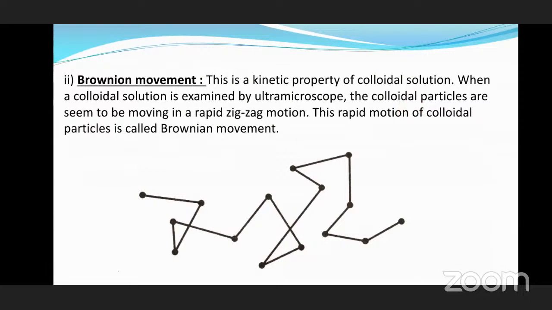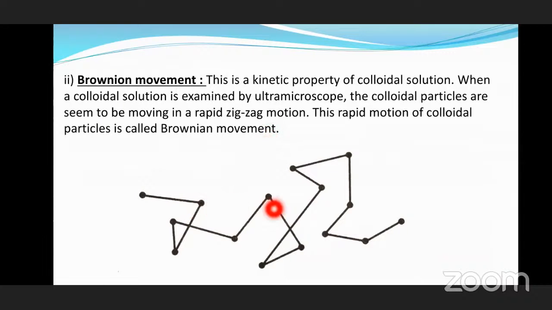Actually, you know already, the colloidal particles are always present in zigzag movement. This is one: zigzag movement or irregular movement or irregular pattern. The irregular pattern or zigzag movement of the colloids is observed by using ultra microscope.